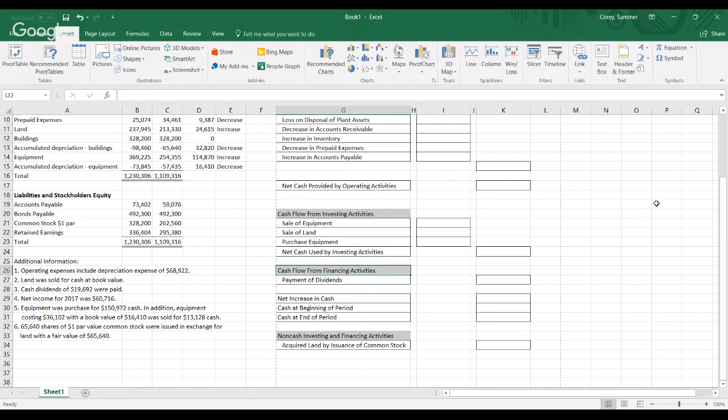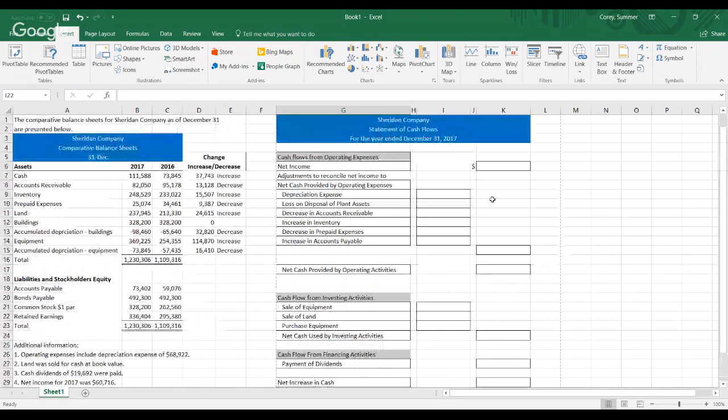The cash flow from financing activities will have our payments of dividends, and then we'll come to our net increase in cash, our cash at the beginning of the period, our cash at the end of the period, and then at the very end, we have our non-cash investing and financing activities, which include the acquired land by issuance of common stock. So let's get started.